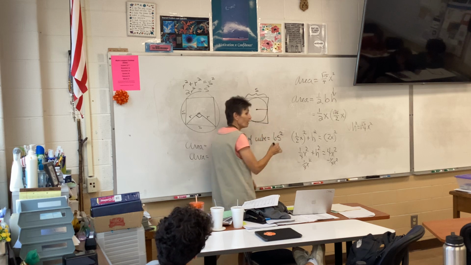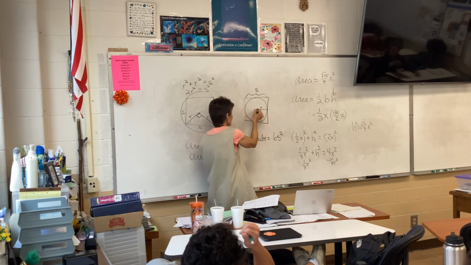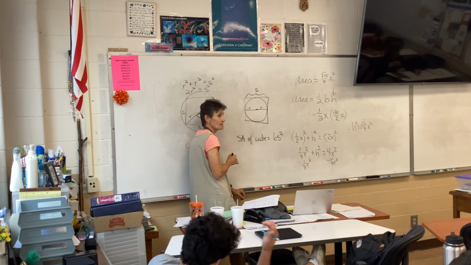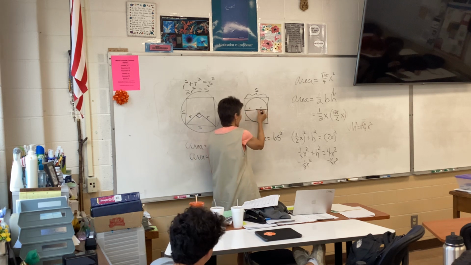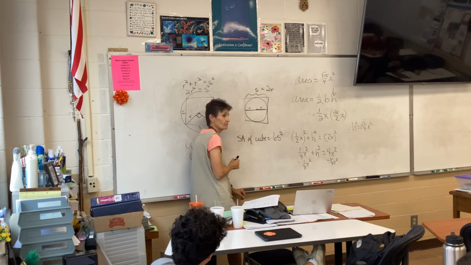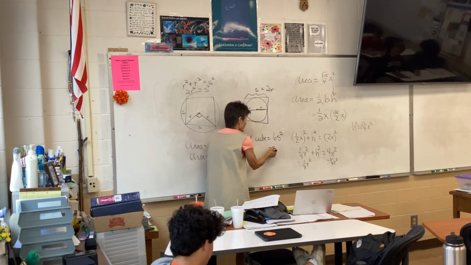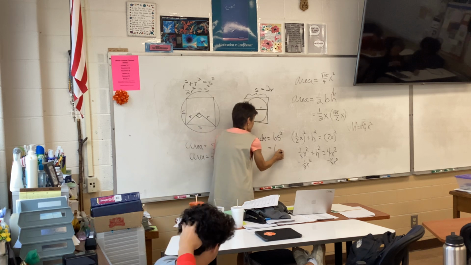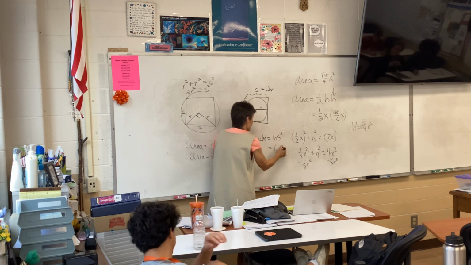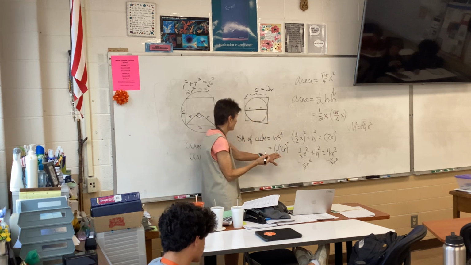This would be a radius. Isn't this also a radius? Yeah. So a side is the same as 2 R's? Yeah, 2R. So I'm going to come down here, take out the S and put in 2R. Now I still need to square it. Formula says square it.